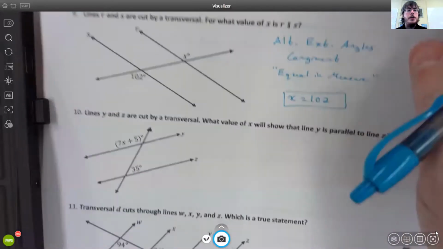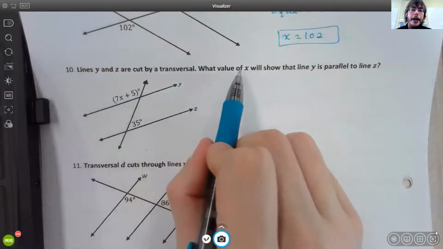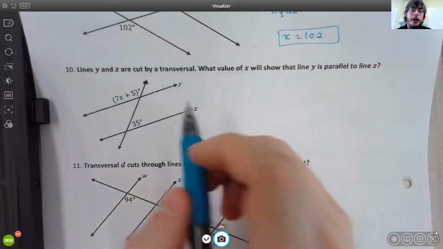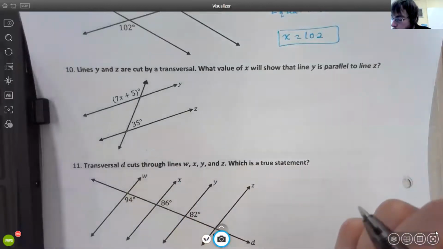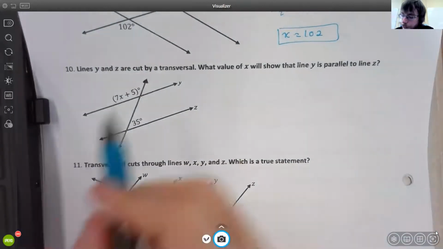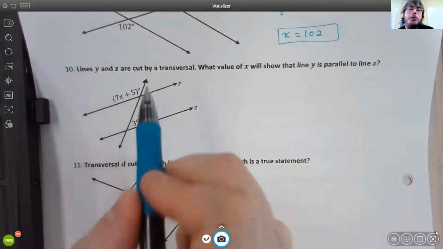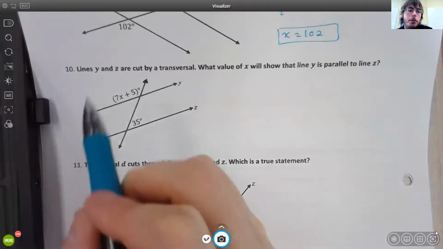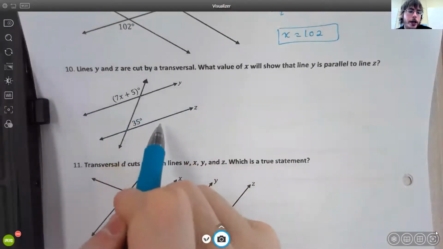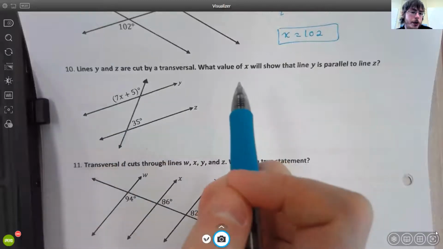Number 10, lines Y and Z are cut by a transversal. What value of X will show that line Y is parallel to line Z? Well, if we look at this, 7x plus 5 and 35 do not have a special angle relationship. But if these two lines are parallel, we know every obtuse angle is supplementary with every acute angle.